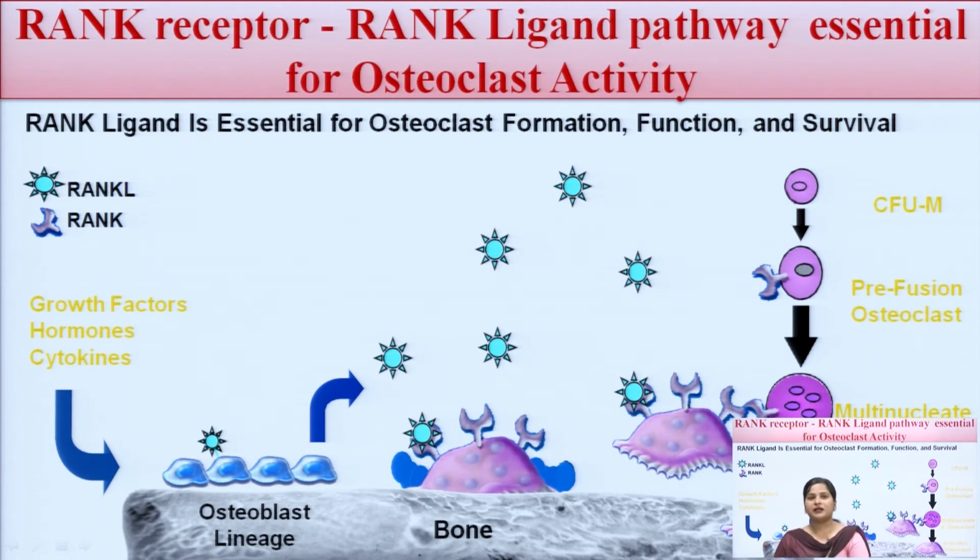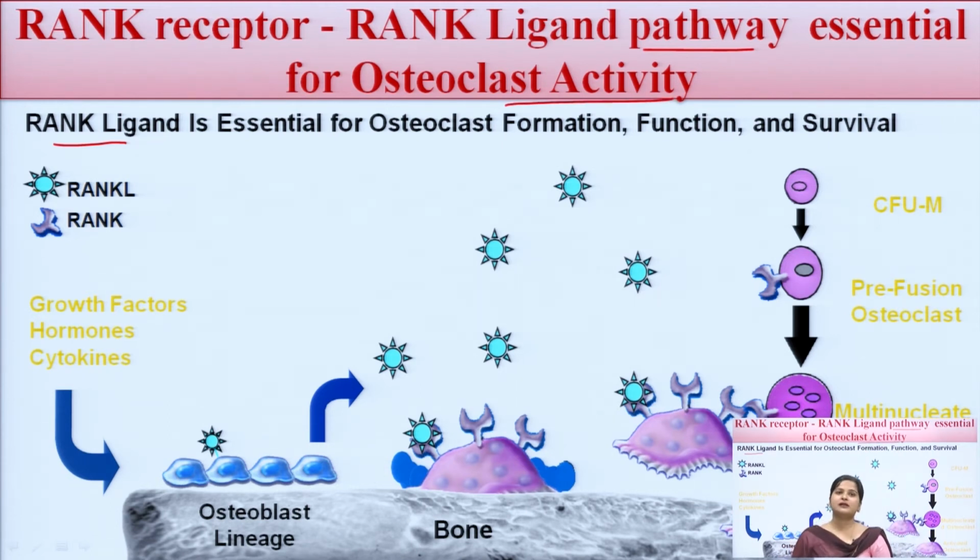Now, this is the concept behind the osteoclast and the osteoblast, right. So, there is a receptor that is known as RANK, and this is known as the RANK receptor ligand pathway, essential for osteoclast activity, right.